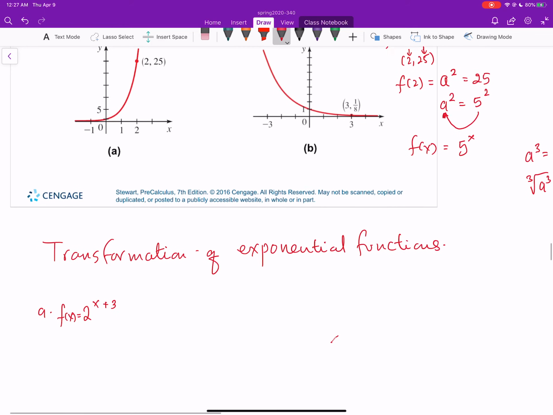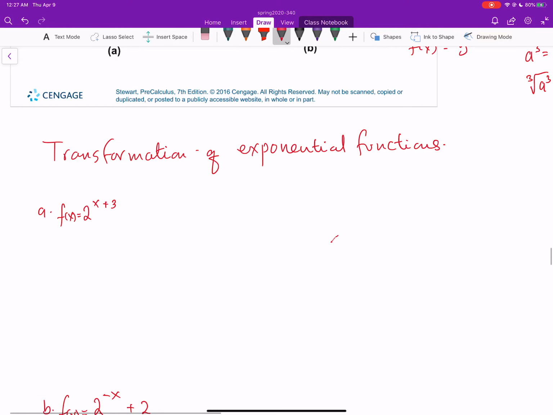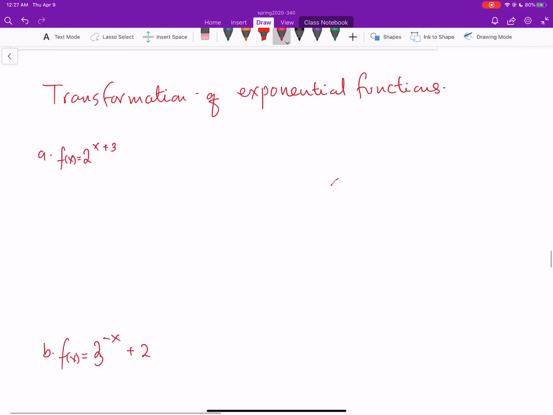All right, so the next piece is to look at transformations. Because now that we have this exponential function defined, we can do exactly the things that we did in 330. We can do transformations. And for every function that we look at, we should be able to look at the transformations of this function here.